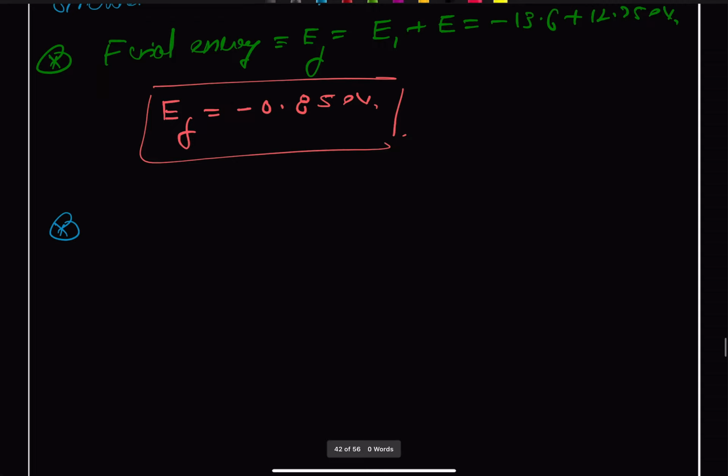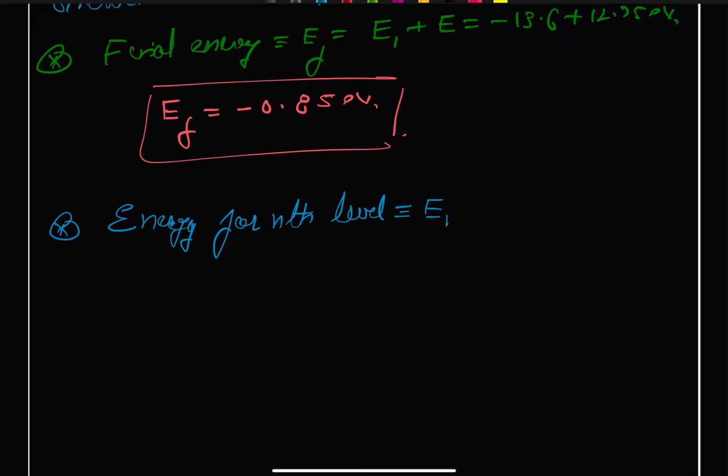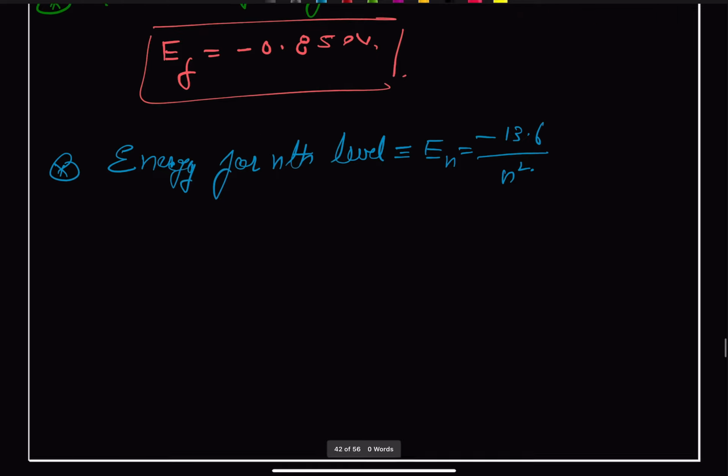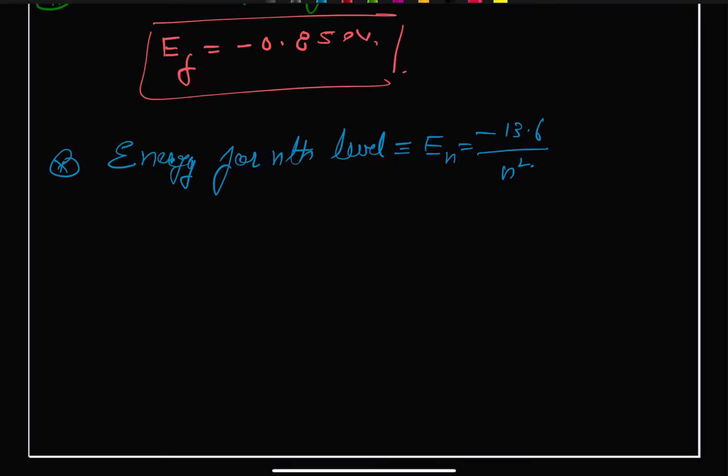We can say the energy for the nth level, that is E of n, is minus 13.6 upon n square, and the energy corresponding to the nth level will be our final energy in the excited state.